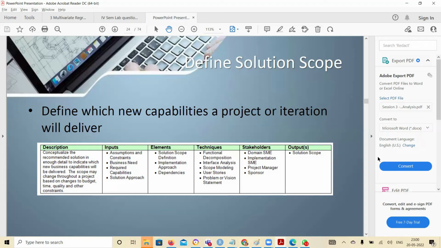Scope modeling is again a big document. Scope modeling talks about the scope, of course, and in how much detail you want to implement it. As the name suggests, a user story is like a story. We have to write multiple steps. We'll see that in the document when we talk about the document.